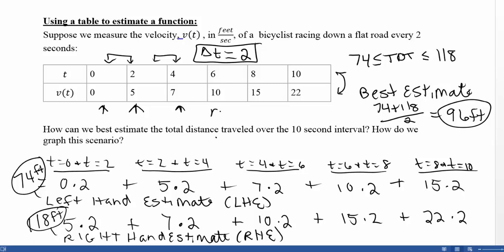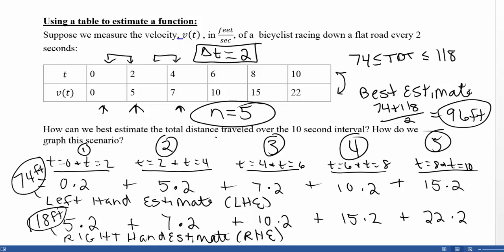The other important variable here that we're going to start talking about is n. N is the number of estimates that I'm making. So here I had 1, 2, 3, 4, 5. So here my n equals 5 because I used 5 distinct time intervals to approximate what was happening.